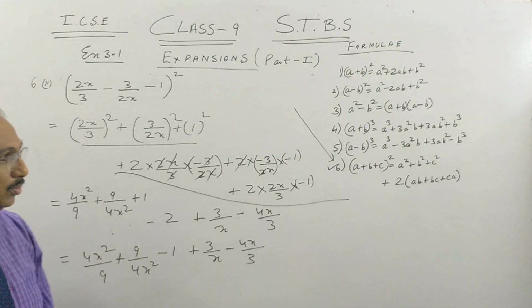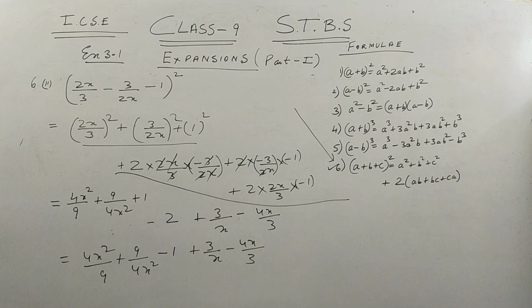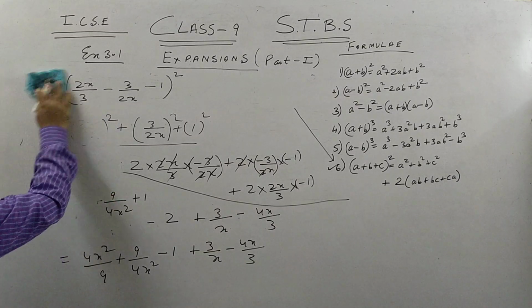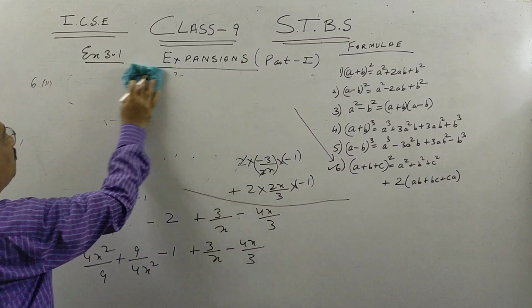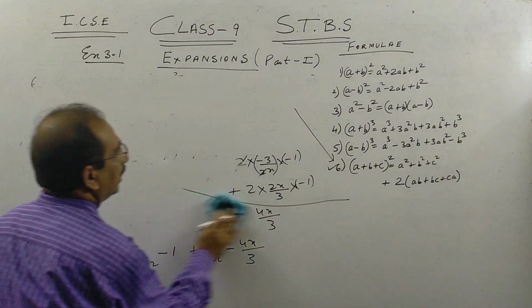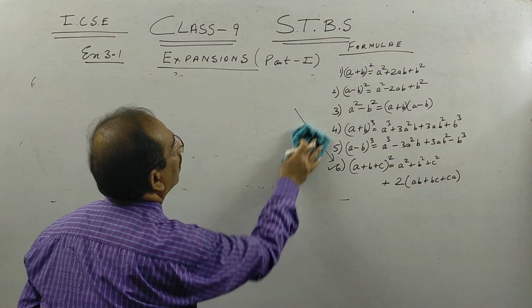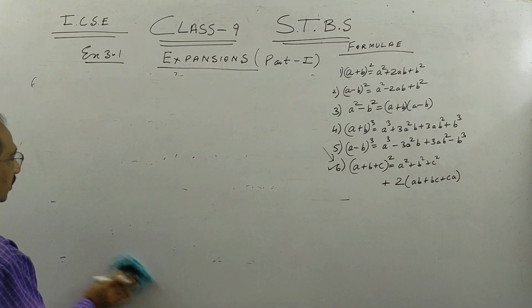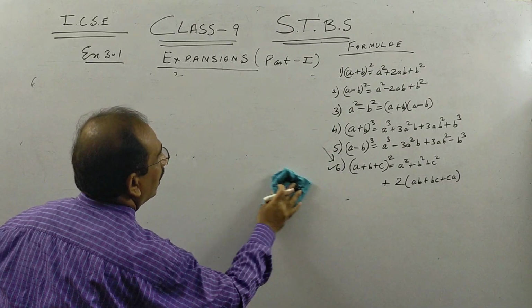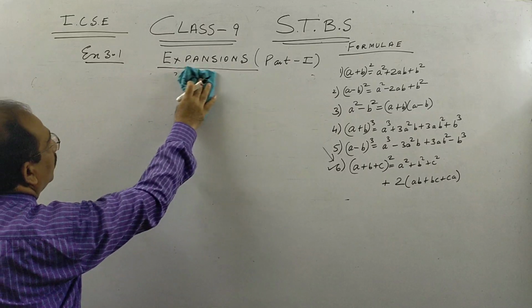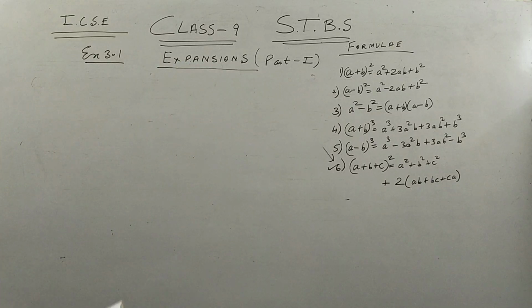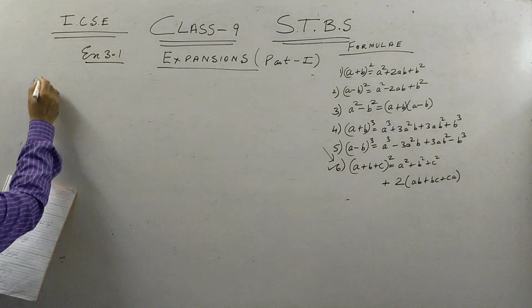Now I move on to, please copy, then I will move on to the next question, that is question 10 part 1. So 10 part 1, you will see children, is a direct application of the first or second formula, which we will see when I do this sum.